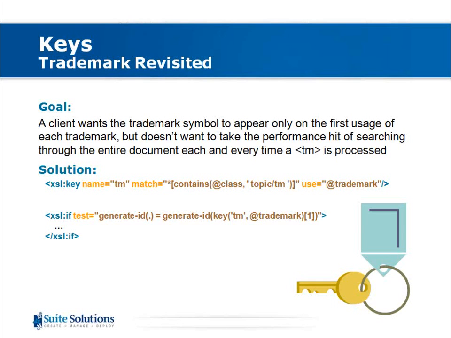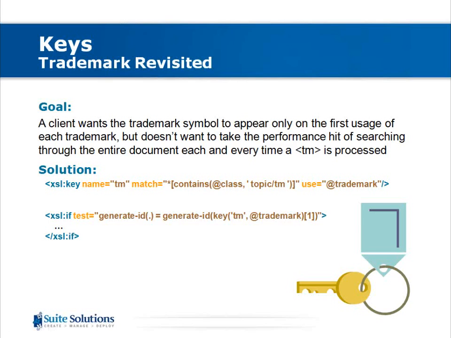So we get the first one, and that's what the little predicate of 1 means. It means that of the entire array that we get back, get the first element that matches. So essentially we're checking whether the current TM element is equal to the first TM element that is keyed by this particular trademark value.